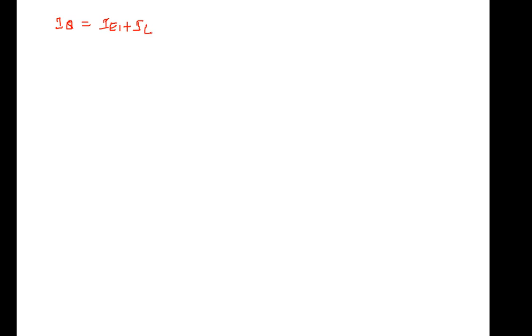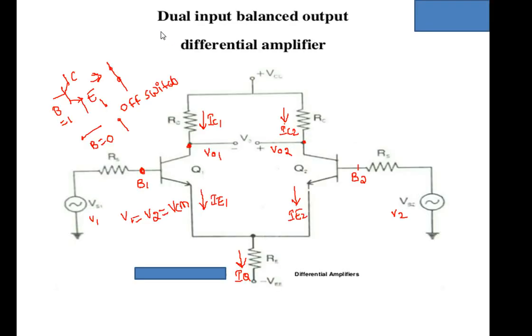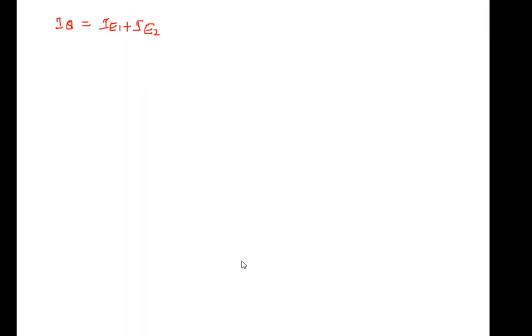Why I am writing like this: if you observe, the IQ is the combination of IE1 and IE2. Both IE1 and IE2 come together, and that is equal to IQ. But the transistors are identical here, so the currents IE1 equal to IE2.